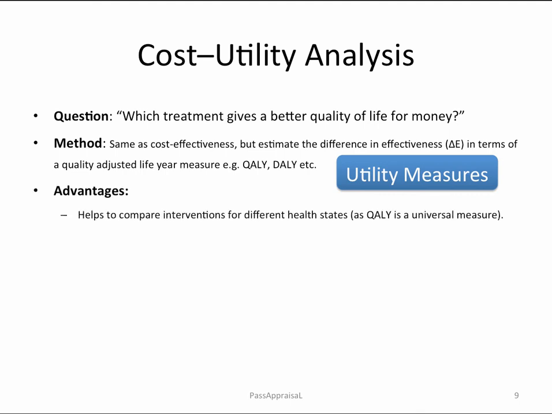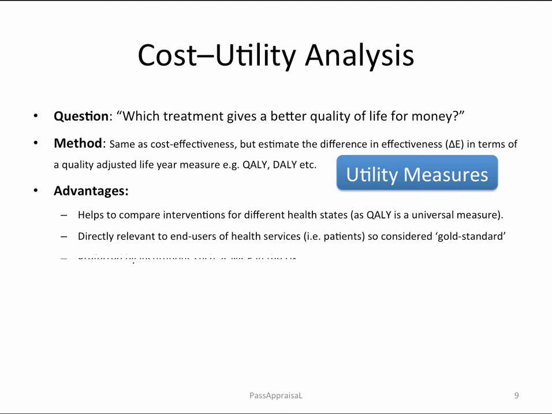Cost utility approach helps to compare interventions for different health states, as QALY is a universal measure. Utility measures are composite scores that incorporate both the benefits and side effects of a treatment. Thus, they are directly relevant to end users of health services, that is, patients. So this method is considered to be the gold standard for economic analysis.